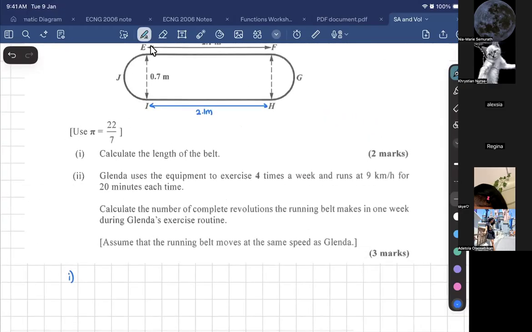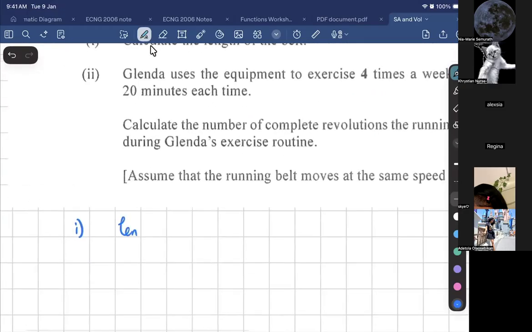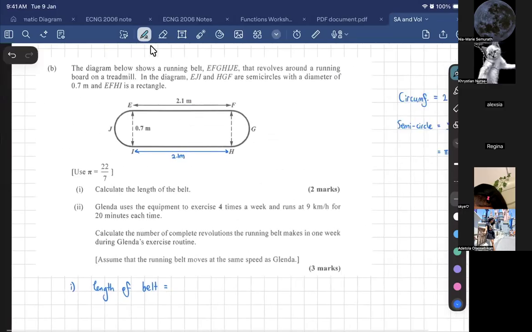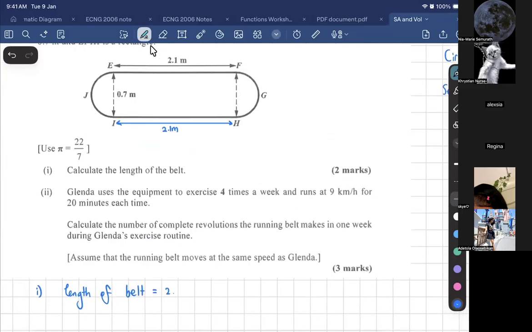So the length of the belt is just going to be 2.1 plus 2.1 plus the circumference of the whole circle, right? So that'll be 2 pi r. They always use pi as 22 over 7.